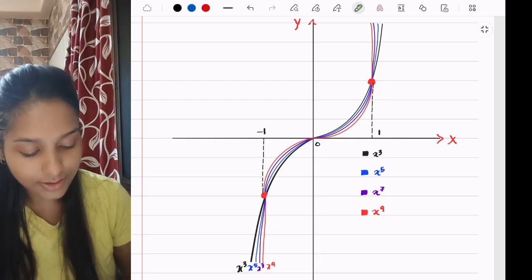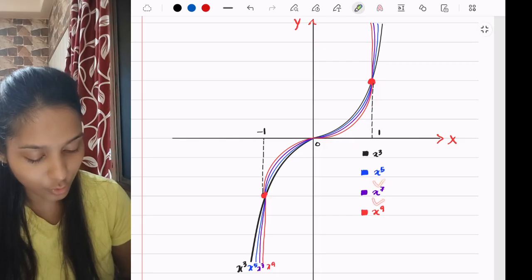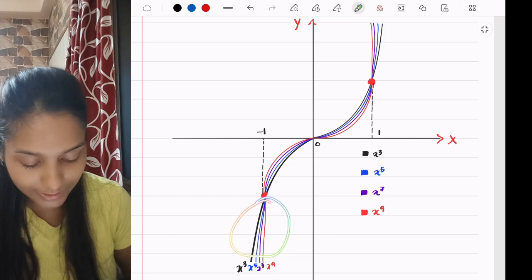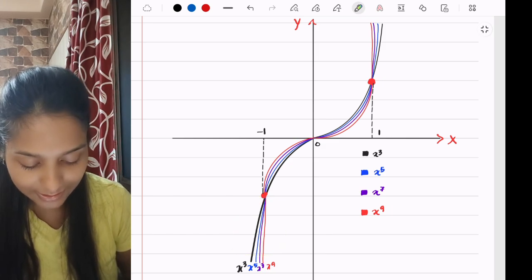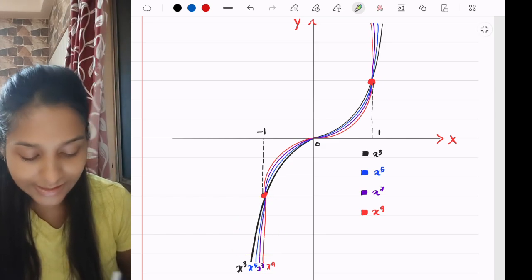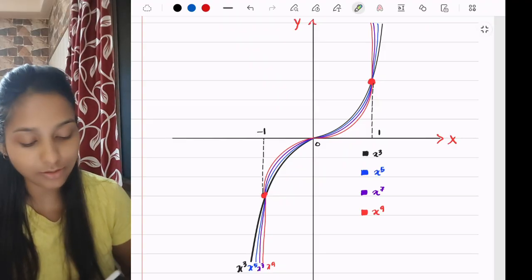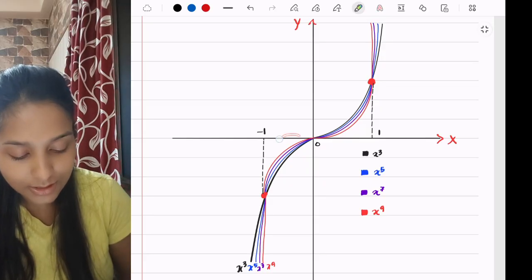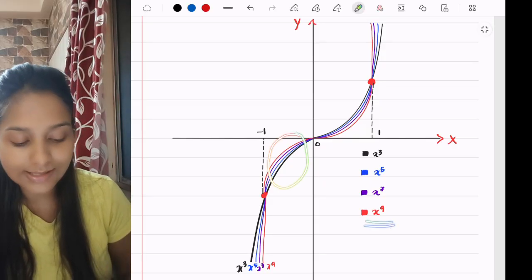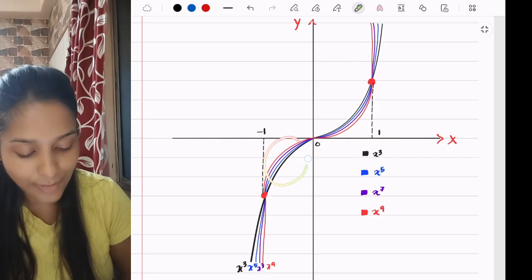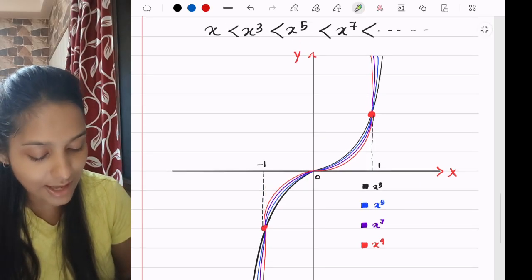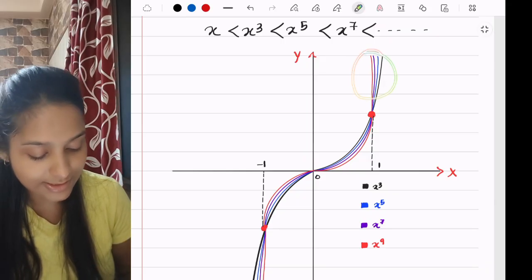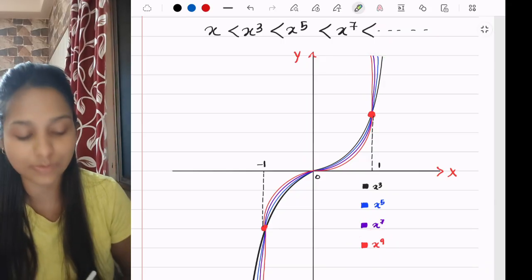So here this kind of inequality must hold, x cube should be greater. Similarly, we can see that x power 9 is here, so again x power 9 should be the lowest in value. However, in the interval minus 1 to 0 we can see that the red curve, which is x power 9, is at the highest, so it has the maximum value, and the same happens in the interval greater than 1, where again the x power 9 function is at the highest position.